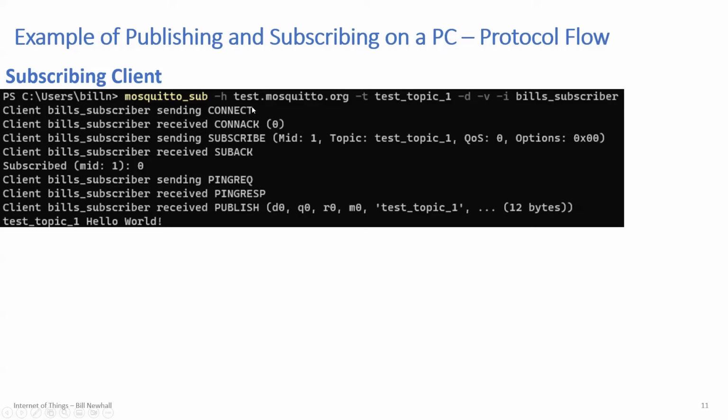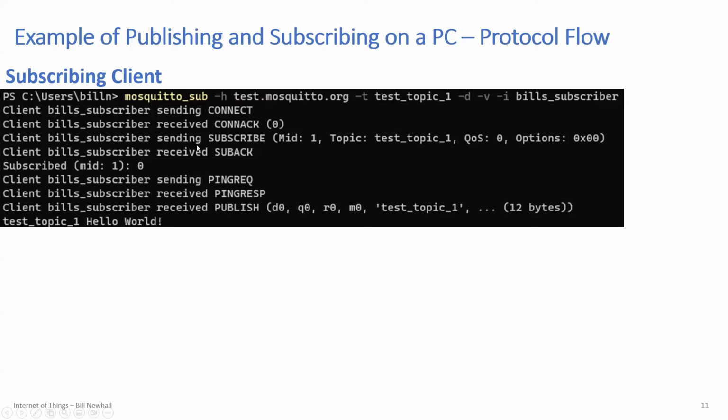It's looking to connect so it can establish that connection, subscribe, and get those messages from the broker. The broker then sends back, and this client receives, a connection acknowledgement, this CONNACK here. So now the client knows that it is connected, at least for now, to the broker.